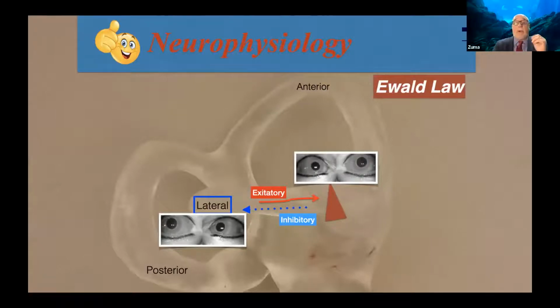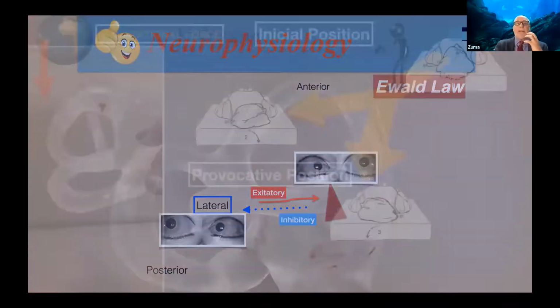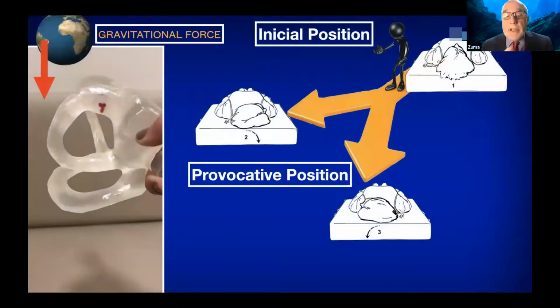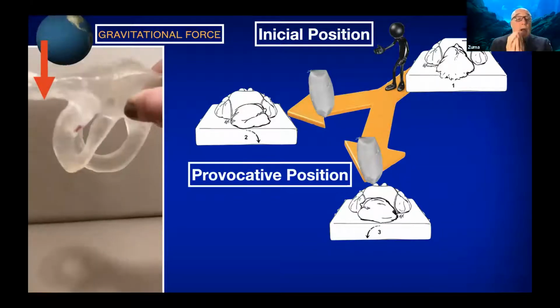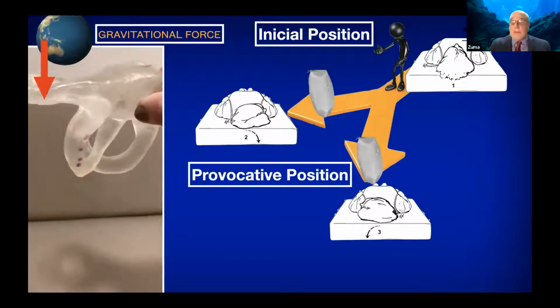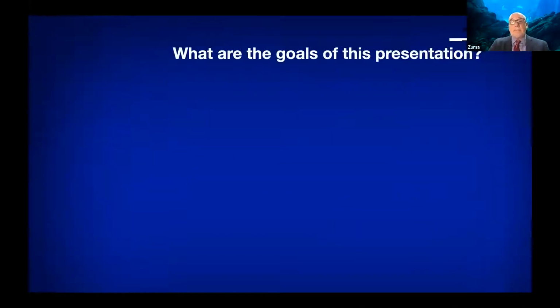That's very important. Another important thing is the initial position and the provocative position. As you can see here, if I turn the head to one side, I have one kind of nystagmus from the flow of the endolymph, and on the other side, another direction of the provoked nystagmus. Why is that? Because you are under gravitational force. Okay, that is very important.